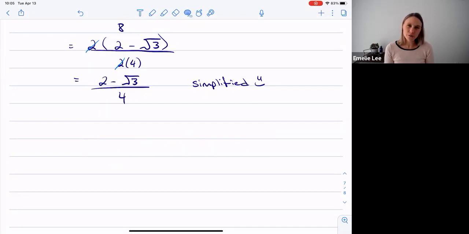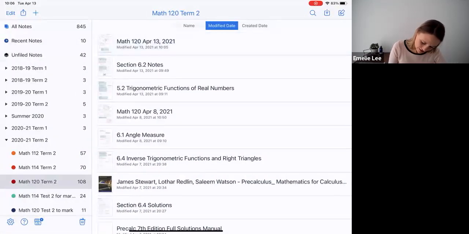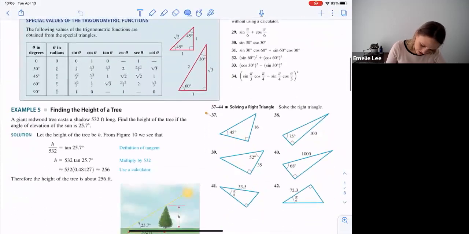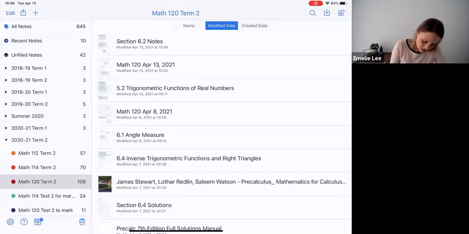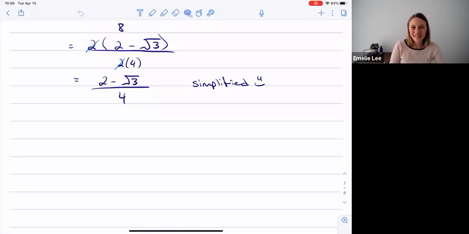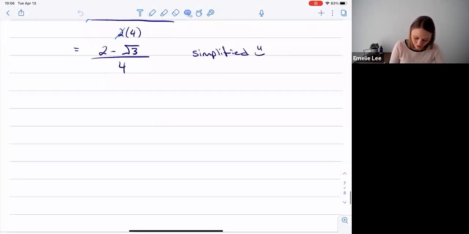So the last thing I wanted to show you in this section is if I ask you to solve a triangle, really what it means is find all the angles and all the sides. The last thing in here is asking you to solve the right triangle, and I just want to show you what that means. Then we'll do one together, using radians, and I'll leave those degree ones for you to work on.